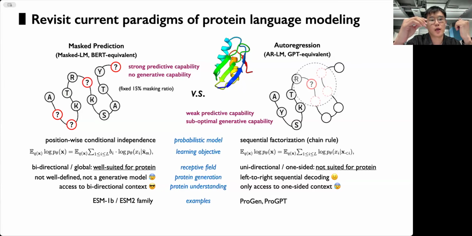For the conventionally used masked language model, the task is fairly easy. So this non-generative or easy masked language modeling objective will also hinder the predictive power of ESM or BERT models.